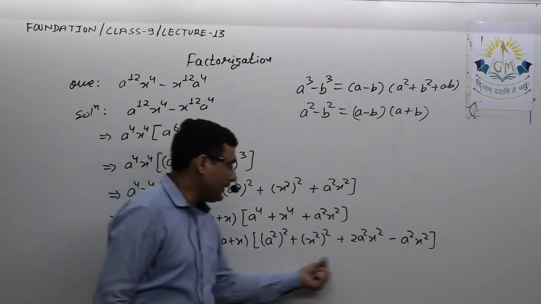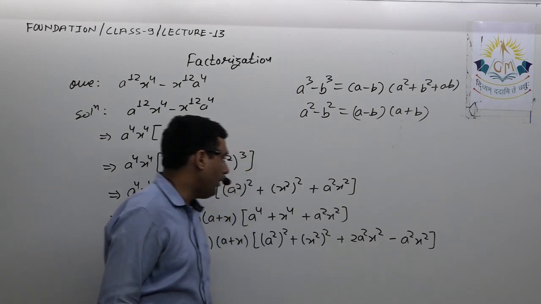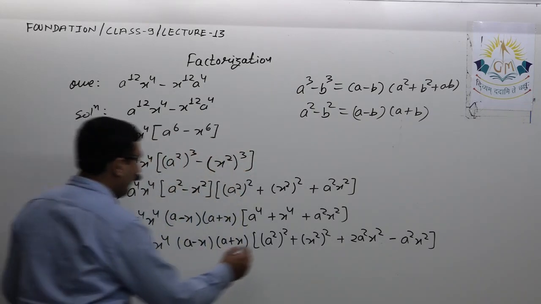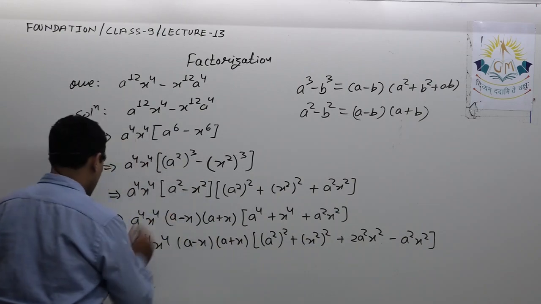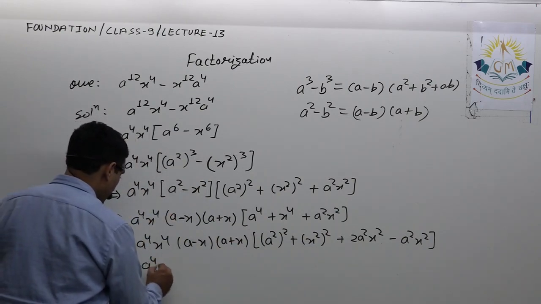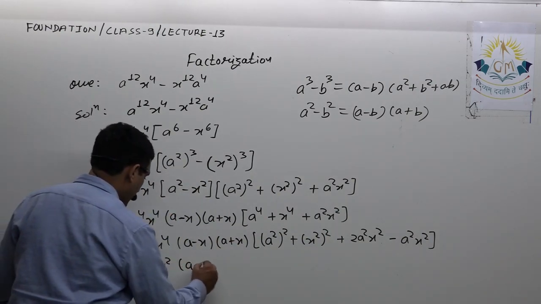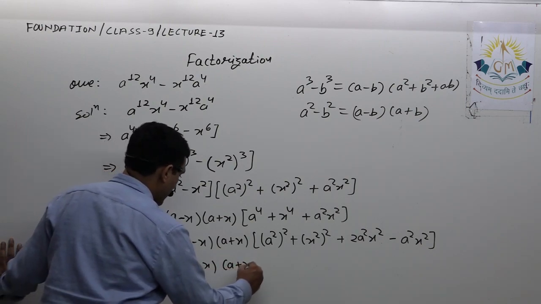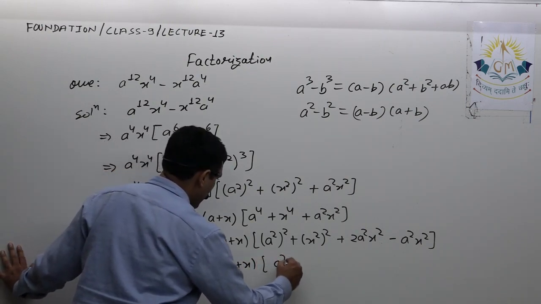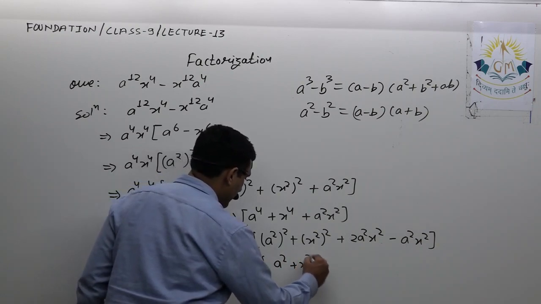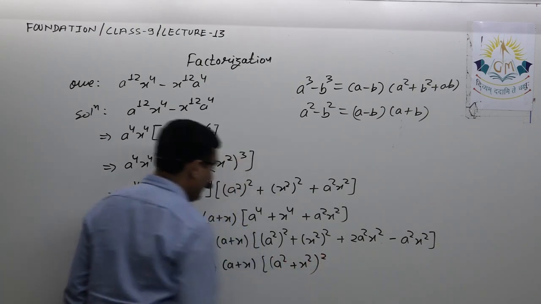Now the first three terms give you exactly the identity of a square plus x square whole raised to 2. So this remains as it is, a minus x, a plus x. Here it will become a square plus x square whole square, isn't it?